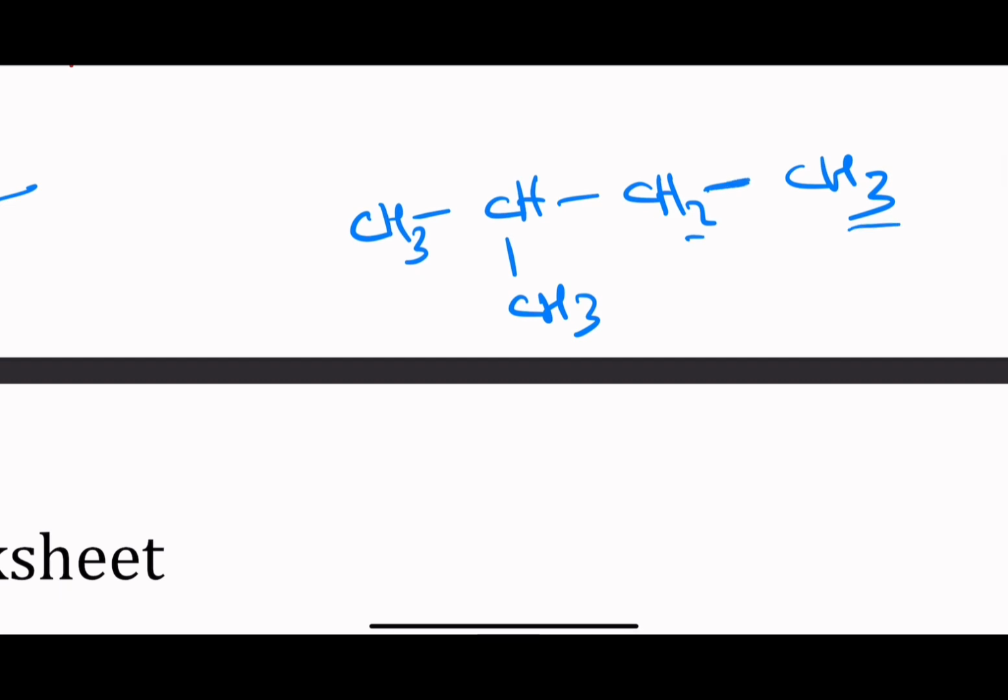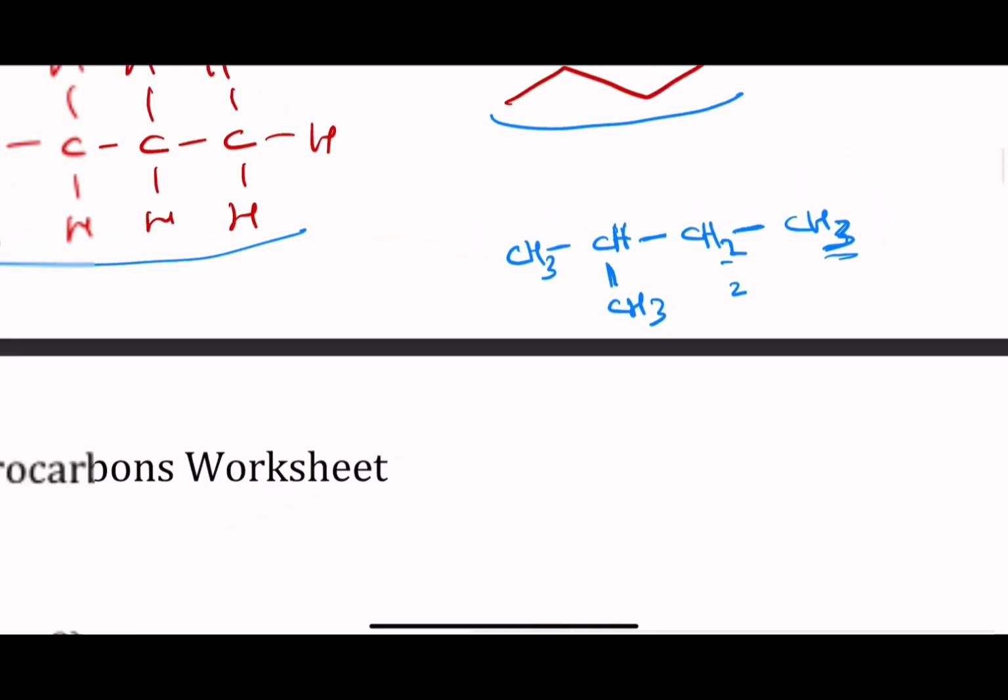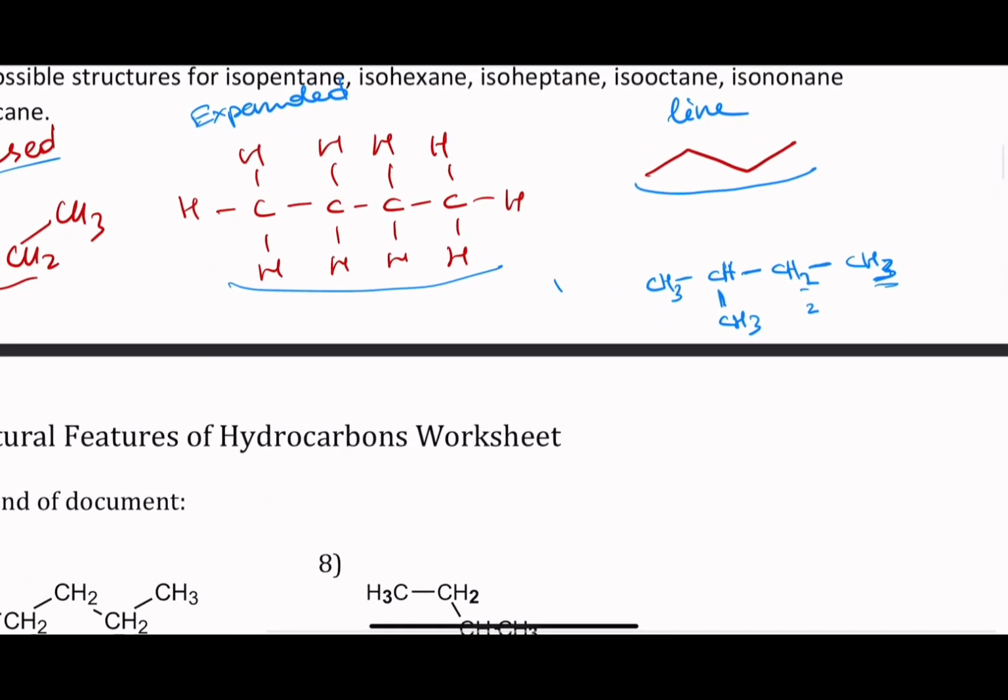Because I have 1 bond here, I have only 3 valences left, so I put 3 hydrogens here. Because I have 2 bonds on this carbon, I have 2 valences left, so I put 2 hydrogens. Because I have 3 bonds here, I have only 1 valence left, so I put 1 hydrogen, and so on. So this is isobutane.